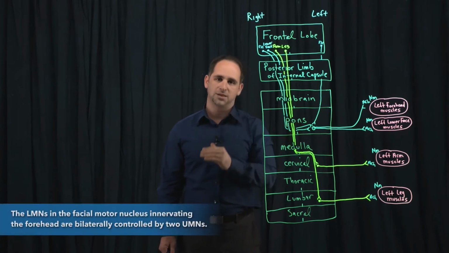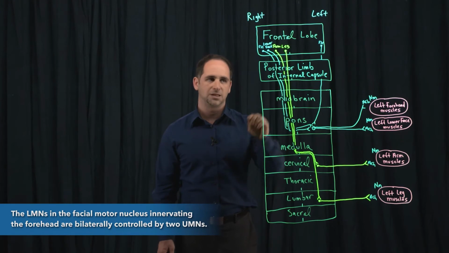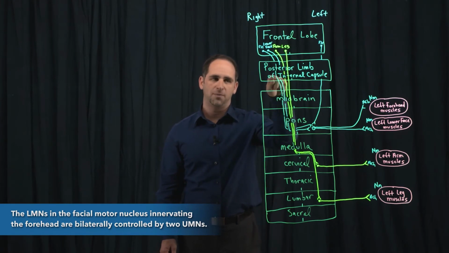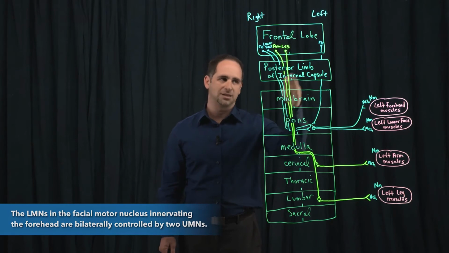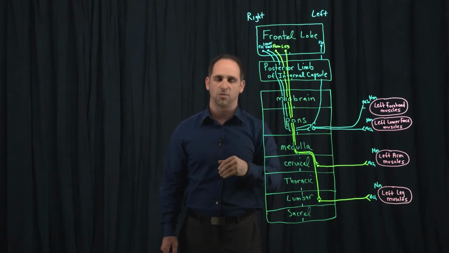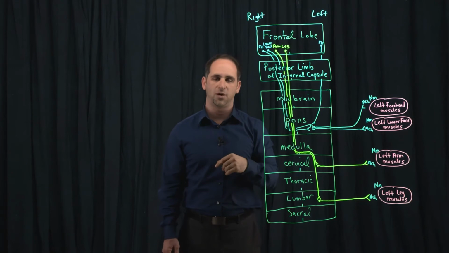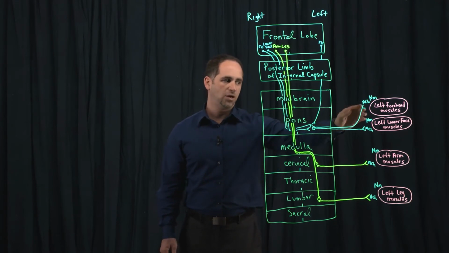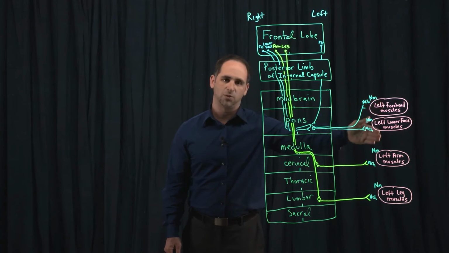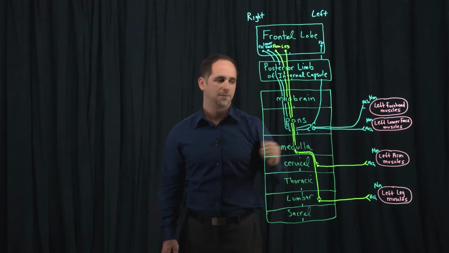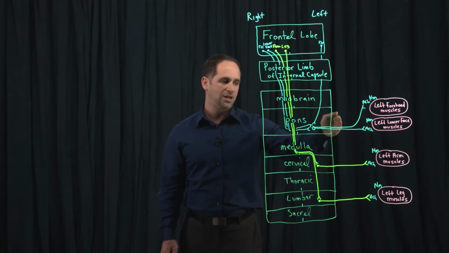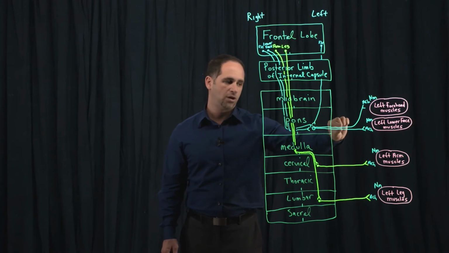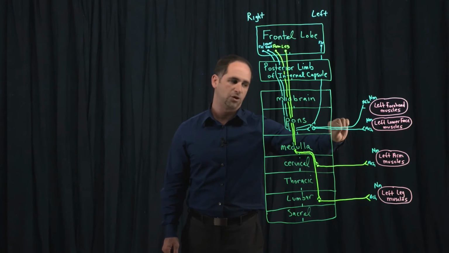The reason why this is so important is because if I damage one of the upper motor neurons that are going to the forehead, the other side is capable of activating the lower motor neuron and contracting those forehead muscles. That's very important because the only way I can get my forehead muscles to be weak with a focal lesion is if the lesion is right here affecting where the forehead muscle, lower motor neurons, and lower face motor neurons are together.